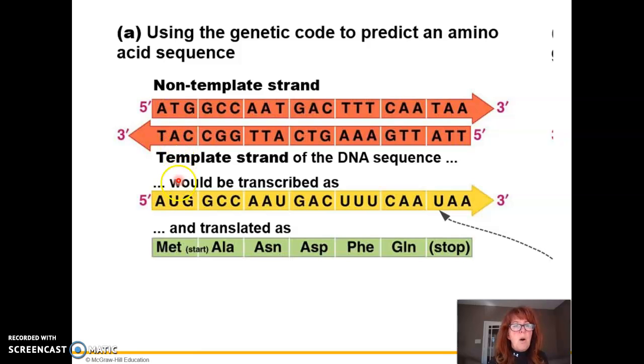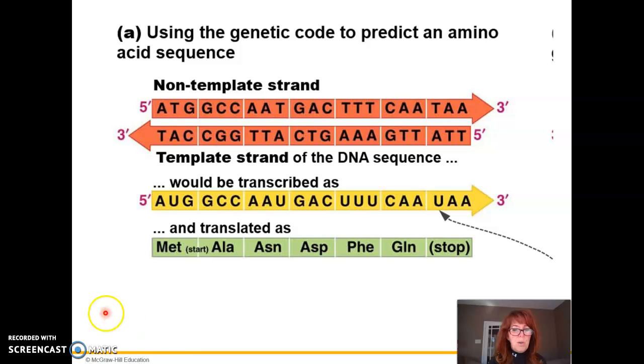Remember, mRNA only has U. So whenever you would think, hey, I got to put a T in there, make sure you put a U in. Then you're going to read the genetic code that we showed you, that big table, and you're going to translate from the RNA language to the protein language. So each one of these codons can be found on that table, and then you put in the appropriate amino acid.